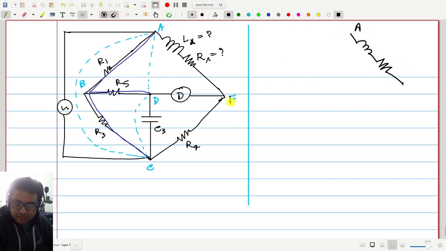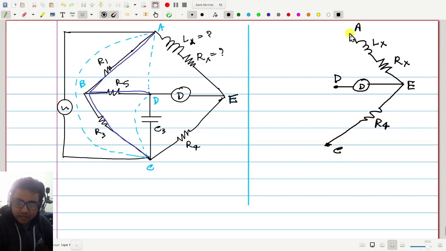This is E, LX, RX, let it remain as it is. Let the detector be also at its position. So this terminal is D. This also unaltered, R4. This is C, and the source is also there.